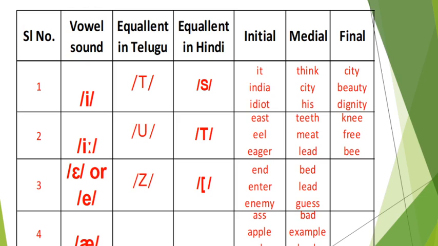Medially, bed, L-E-A-D, lead. Previously the same L-E-A-D as a verb is pronounced one way, but if you use it as a noun, it will be pronounced as lead. And guess. Okay, medially. Finally, it will not happen. Yes, you may say, sir, in D-A-Y, day, it is final.